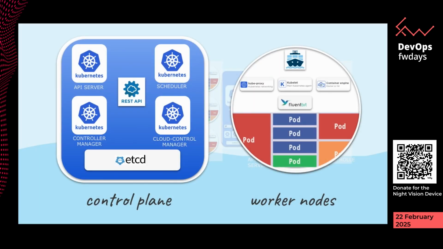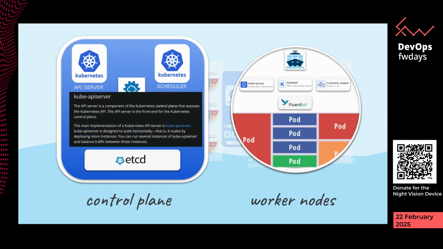A Kubernetes cluster consists of a control plane plus a set of worker machines called nodes that run containerized applications. The control plane components make global decisions about the cluster, for example, scheduling, as well as detecting and responding to cluster events.